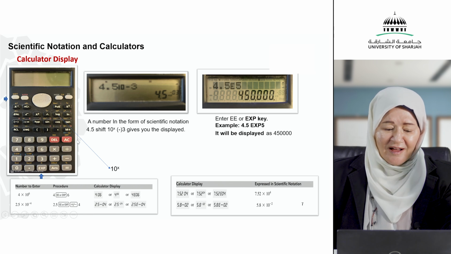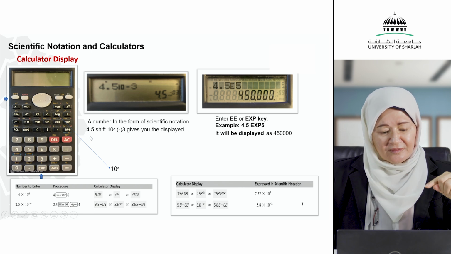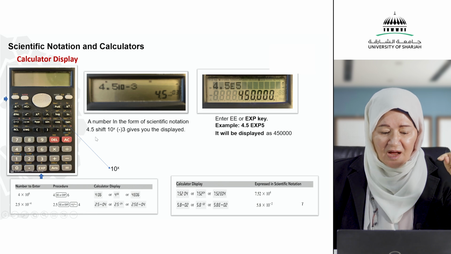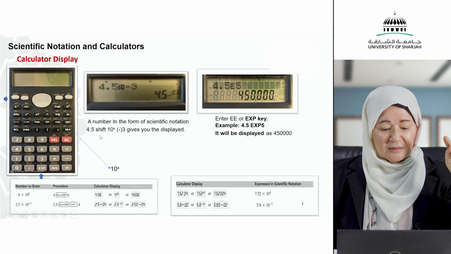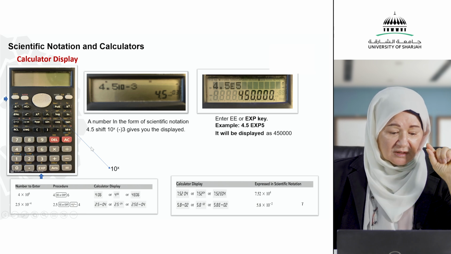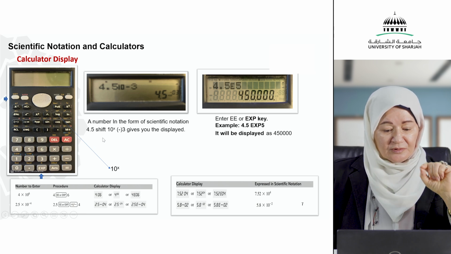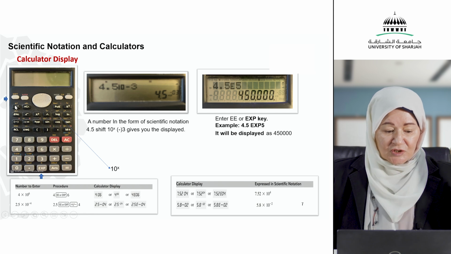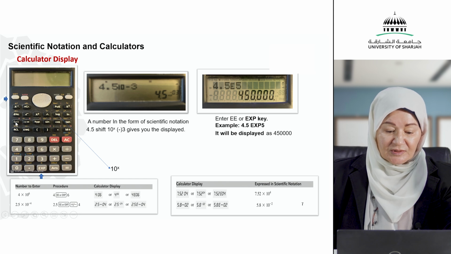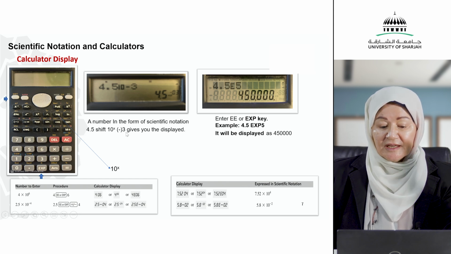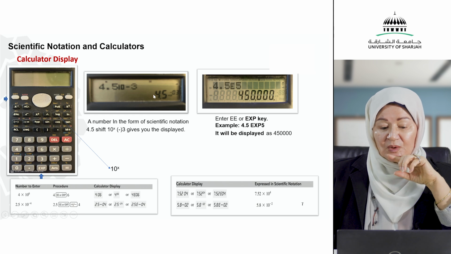For example, I want to write 4.5 times 10 to the minus 3. I click on 4.5, I click shift, then I click on 10 to the x, and then I go to the minus. I have a minus, 10 to the minus 3. It gives you whatever is displayed on the calculator.